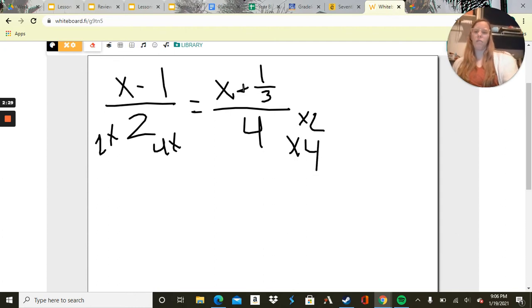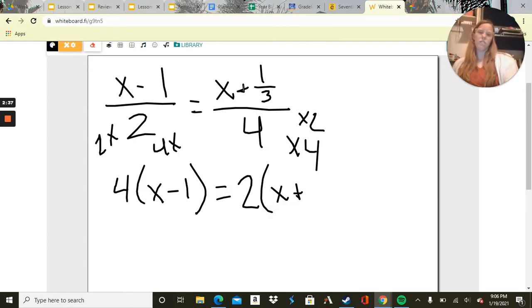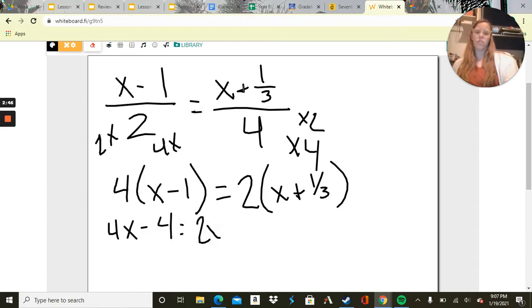So we rewrite: 4 times x minus 1 equals 2 times x plus 1/3. Let's distribute. 4x minus 4 equals 2x plus, and if this is difficult, think of this as 2 over 1 times 1 over 3, so 2/3.